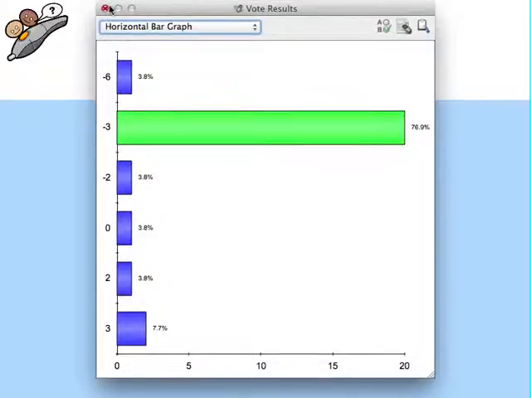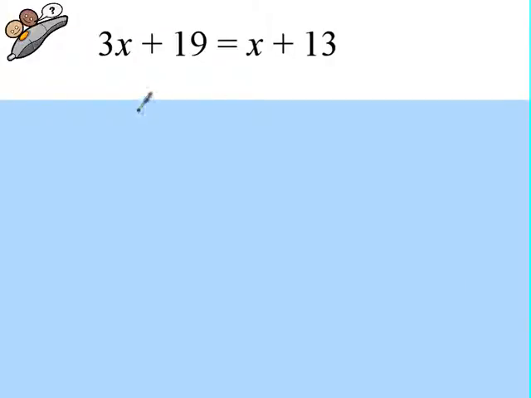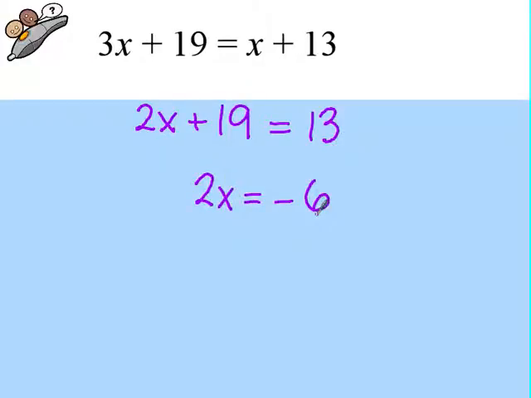First of all, you should have combined your x's. If I subtract x from both sides, I get 2x plus 19 equals 13. Then you subtract your 19. You should get 2x equals -6. Divide by 2, you should get x equals -3. So remember, the first step is to combine your variables, and then we take care of the numbers.